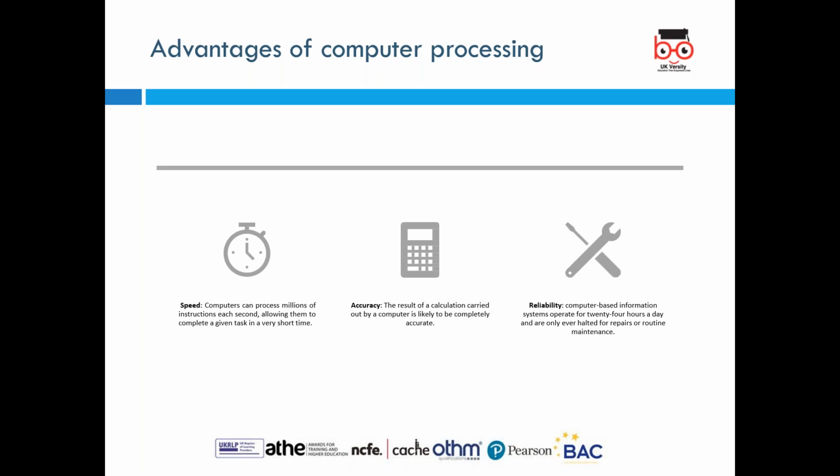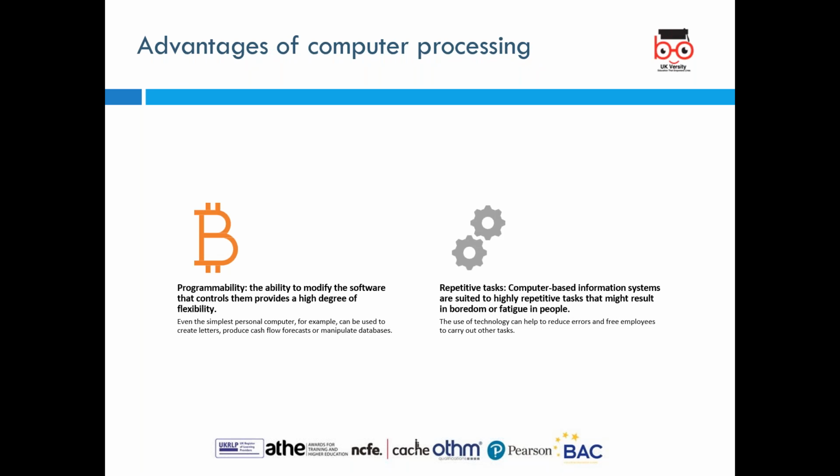The accuracy of how our software and computers are working, and also reliability, which is how much we rely on these resources in order for us to complete the project and achieve the assigned task.